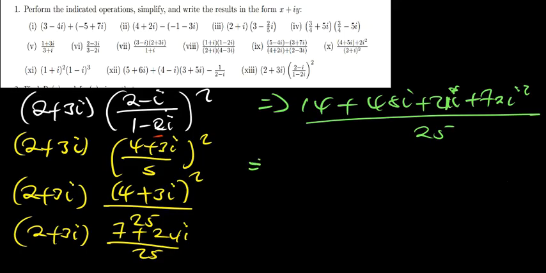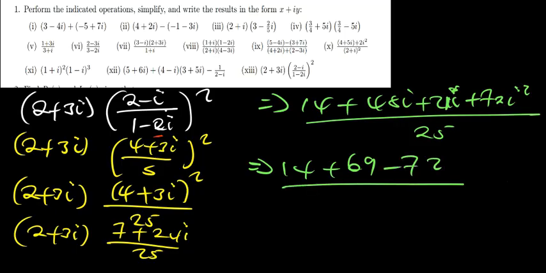So I have 14. These two can be added, which is 48 plus 21. So what is 48 plus 21? That is 69. So I have 69i. Then 72, yeah, 72i squared is going to give me negative 72. I divide this by 25. So here there is i, let's not forget.